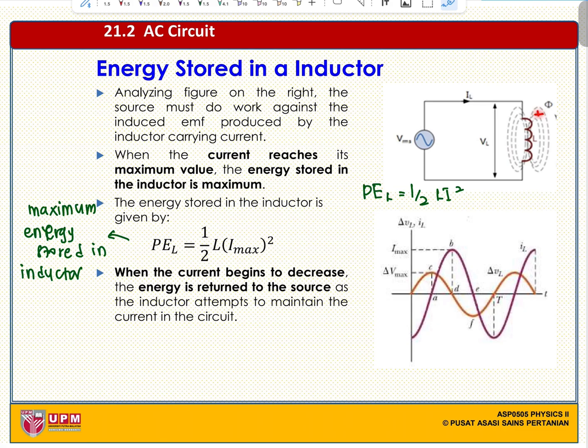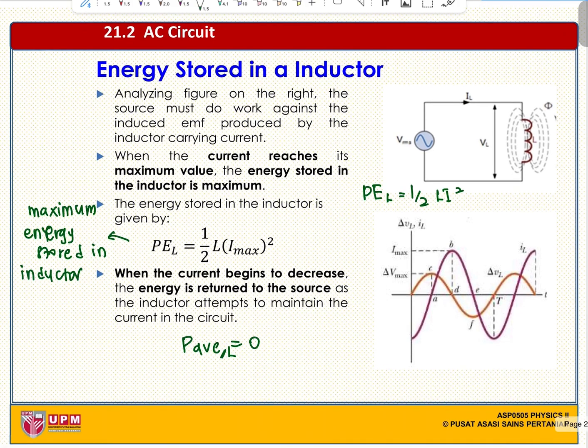Tadi positif kat sini, so sekarang apabila current bertukar, dia akan jadi positif kat sini. And what happen is, tenaga yang dia simpan ni, dia pulangkan balik ke AC generator ni. So you will get your P average equal to 0 tu. Takkan ada power dissipated across the inductor. So you will have P average across the capacitor, across the inductor is equal to 0.